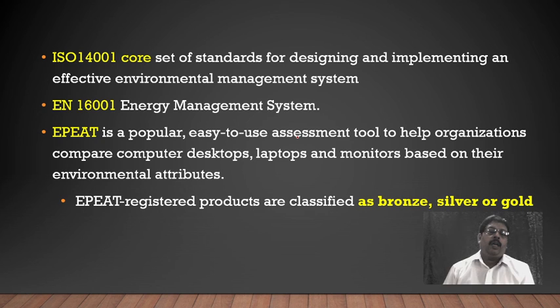And EPEAT registers the products as bronze, silver and gold, based on the hazardous material used in the equipment. It is categorized, and it has to pass through some tests, and about those things we will discuss in the upcoming classes.